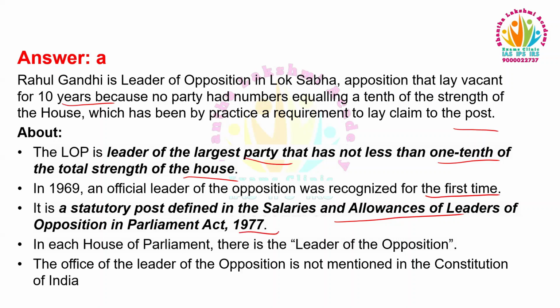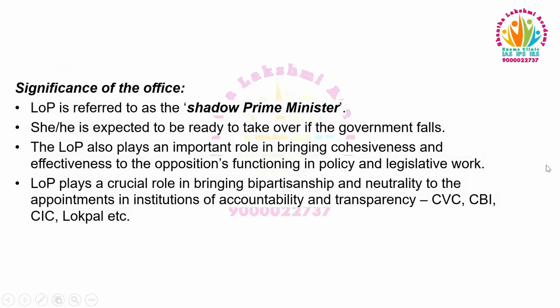In each House of Parliament, there is a leader of the opposition. The office of the leader of the opposition is not mentioned in the Constitution of India. Significance of the office: the leader of the opposition is referred to as the shadow prime minister. She or he is expected to be ready to take over if the government falls.